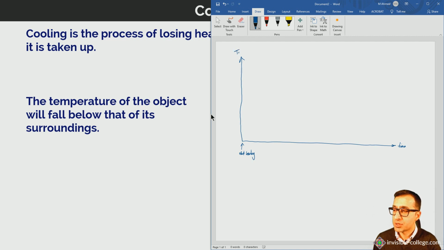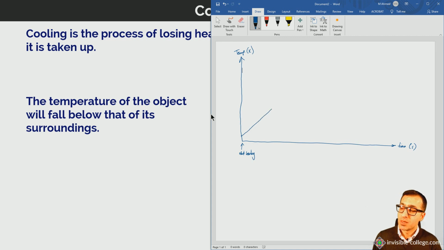So this is our temperature, let's say in Kelvin, and this is our time in seconds. So let's say we start at a particular temperature and we start heating it. Well, we are transferring thermal energy to that object on average. The net transfer is to the object, and so as we would expect, its particles move more rapidly and its temperature will start to rise.